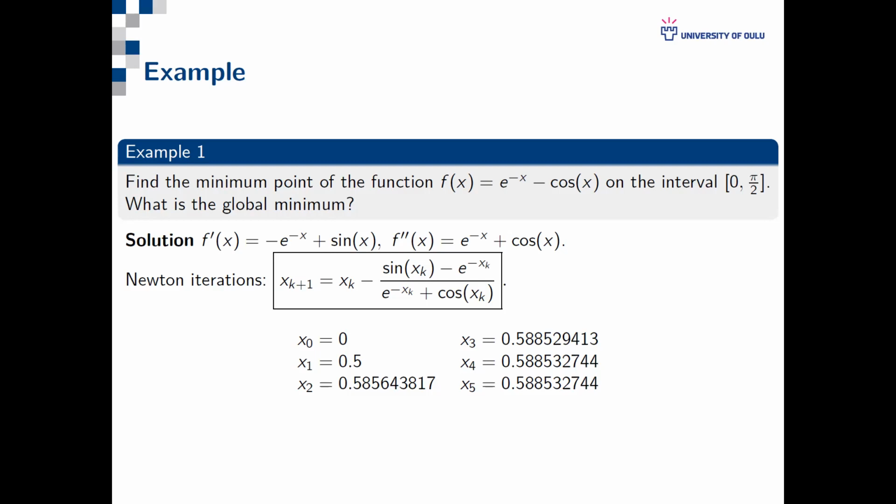And when I compute x5, and if I would compute all the 16 digits, you would notice that here already the 9 digits are the same. So x5 is correct in 16 decimal places. So this Newton method, when it finds the minimum, if it is applicable, it finds it very fast.